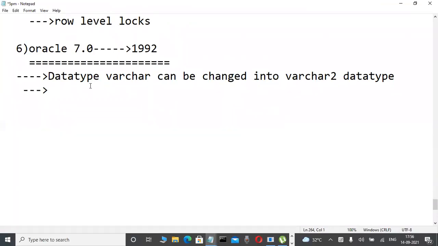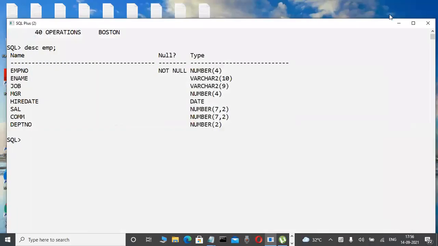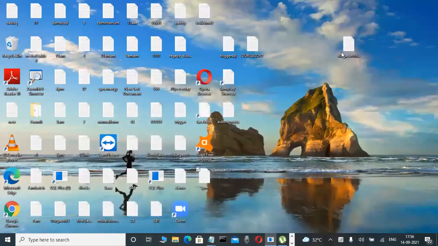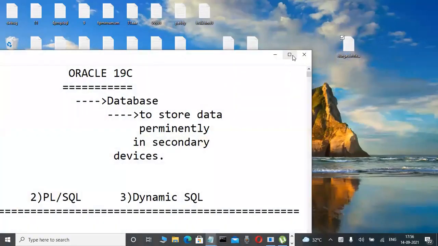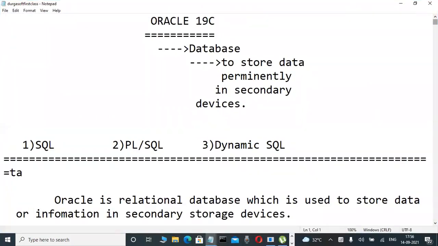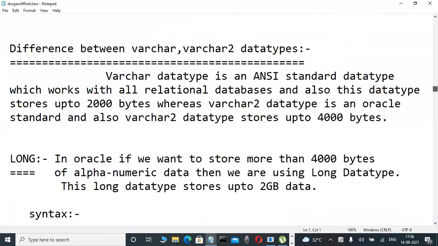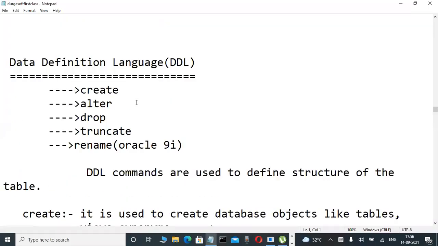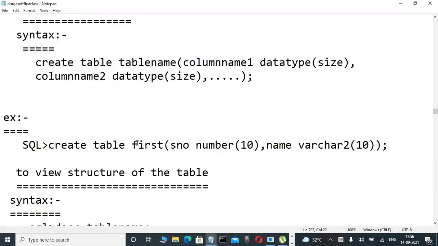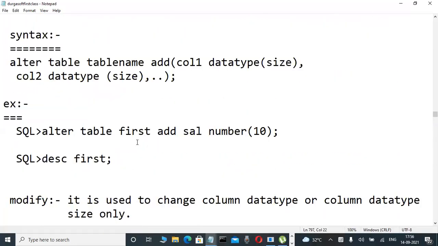Truncate, alter, drop, truncate, all these things we are learning in our course. Suppose the 9 o'clock batch is learning create, alter, drop, truncate, rename, the DDL commands and their syntaxes, and another one is DML.